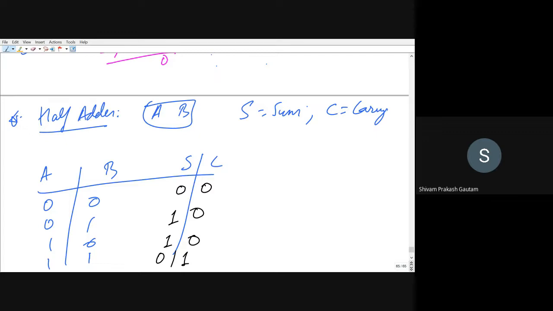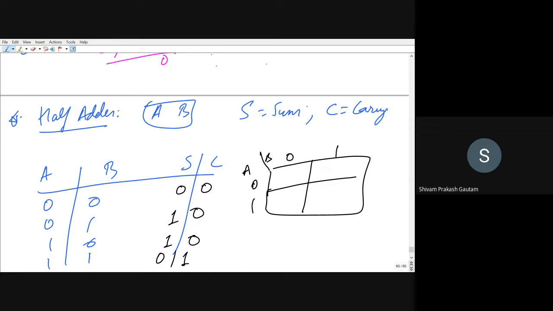Okay. So now you have to find the expression for this S, right? What you can do is build a K-map where A is the MSB and B is the LSB, 0 1 and 0 1. So tell me where 1 is present. This K-map I'm drawing for sum, right?